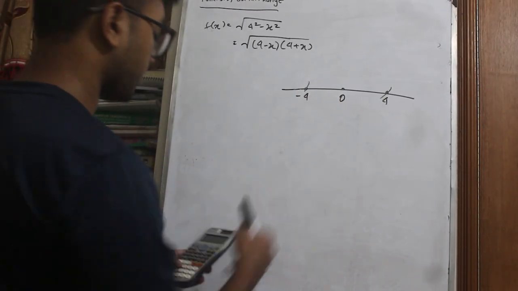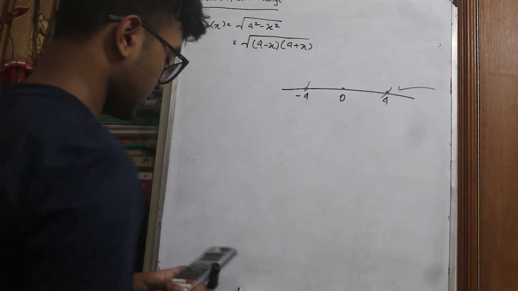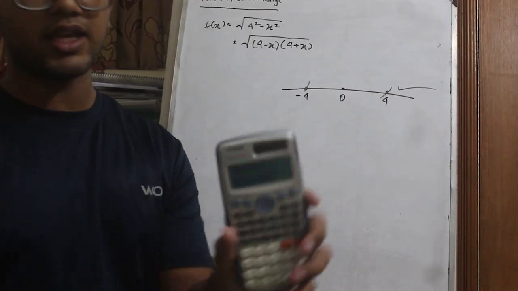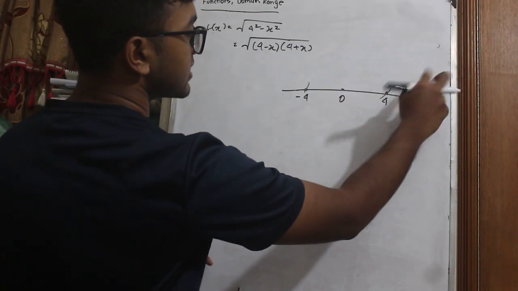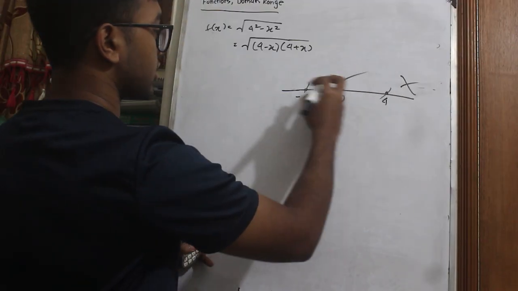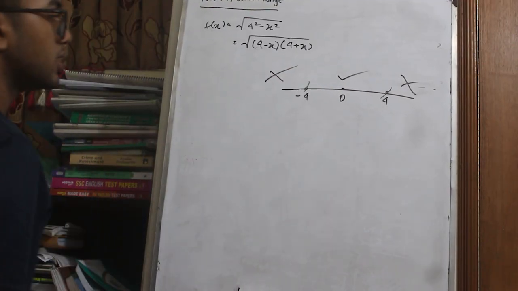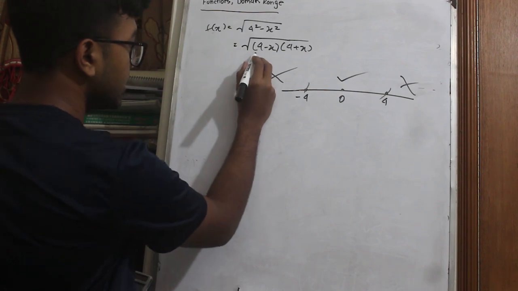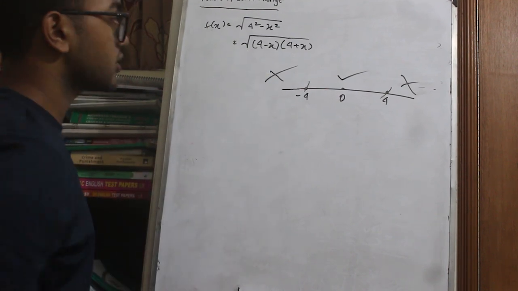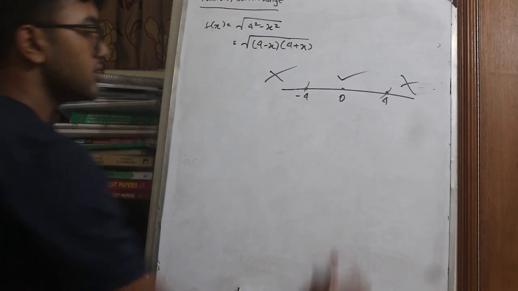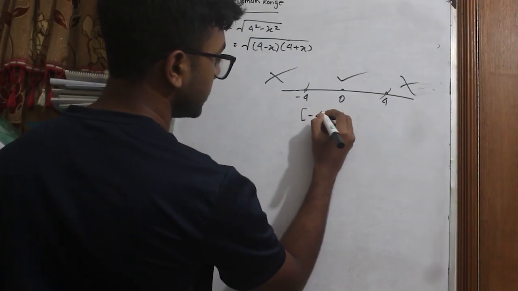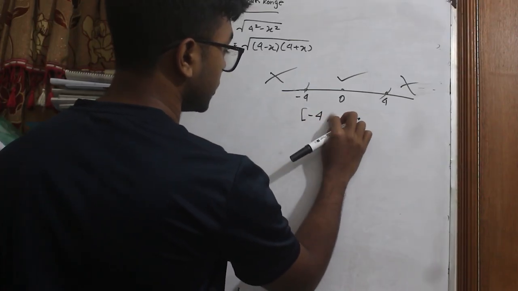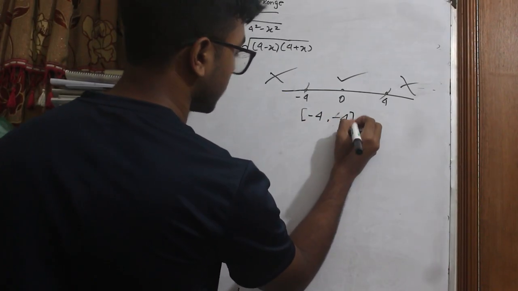So let's put 5, which is in this segment. I put 5 and I got a math error. So this segment is crossed out, this segment is okay, and this segment is again crossed out. And since this has no denominator, it's greater or equal than 0. So the domain is going to be minus 4 to 4, including those.